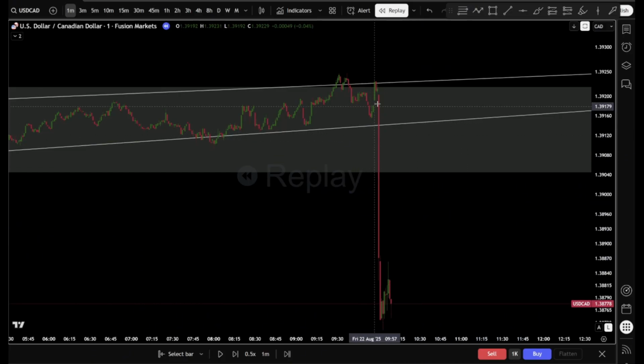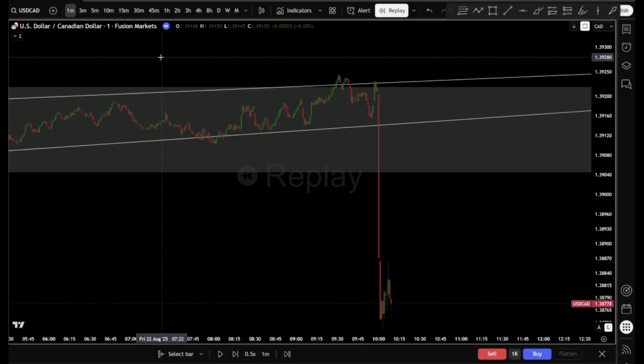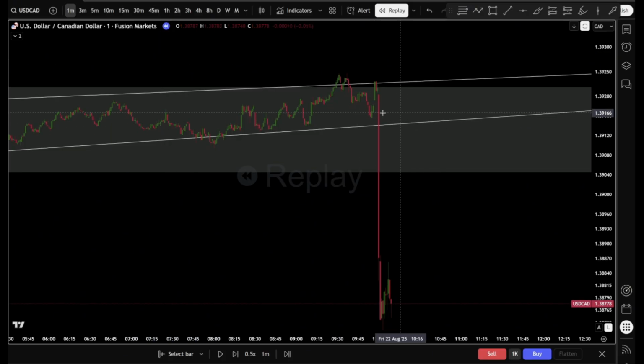And we see over here the break of the trend line and the huge candle. We would have come in right here at this 1-minute candle close. And how we would have decided for the stop loss and the take profit: the stop loss would have been just above the trend line, or you could have put it just above here.